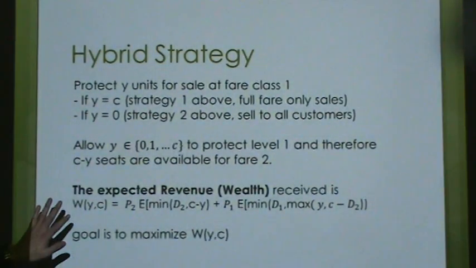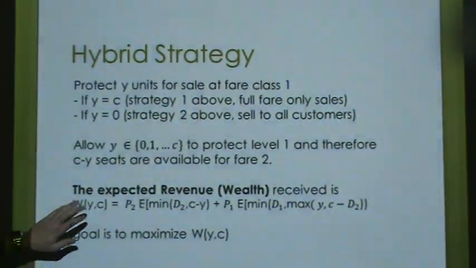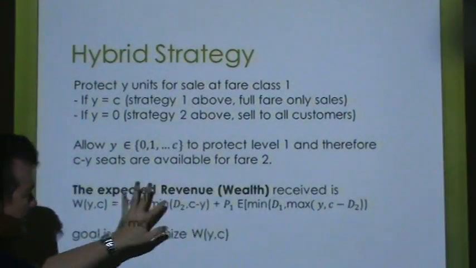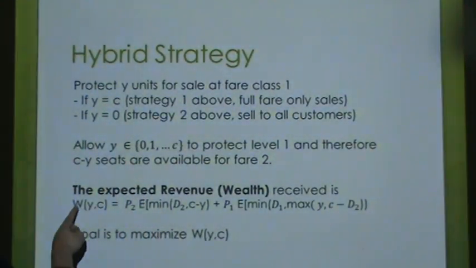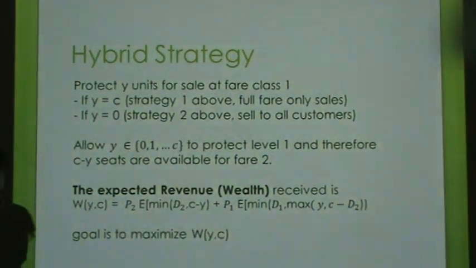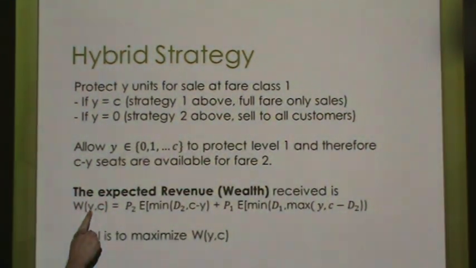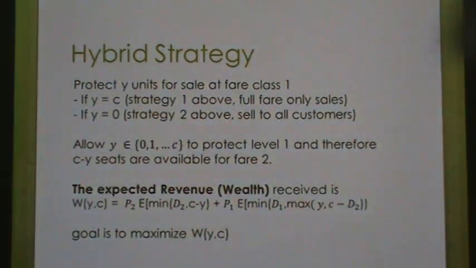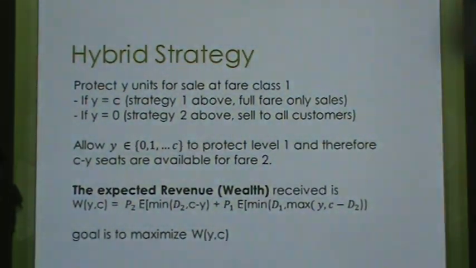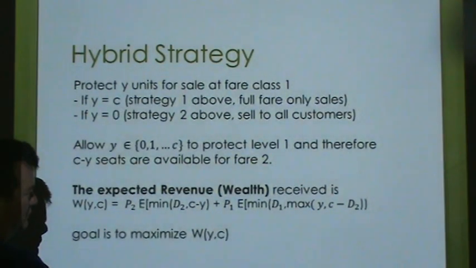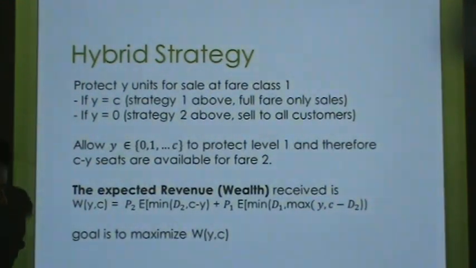Okay, so what is the expected revenue for the flight? The expected revenue, which a lot of textbooks call expected wealth, they kind of go back and forth. They always use W to mean expected revenue, but the W comes from wealth. So the expected wealth or revenue, using a plane with capacity C and picking the number Y, would be the price of the lower fare, and then how many people show up.